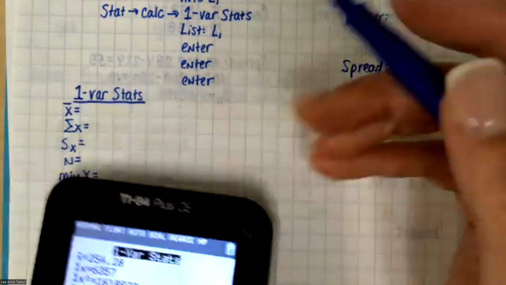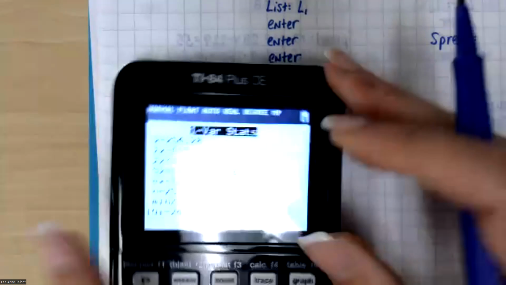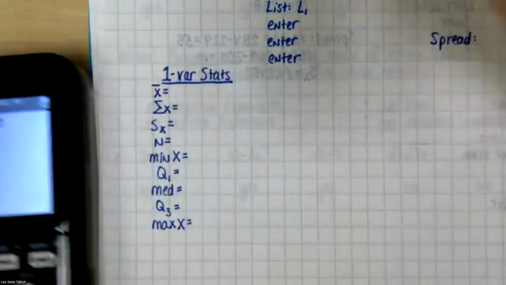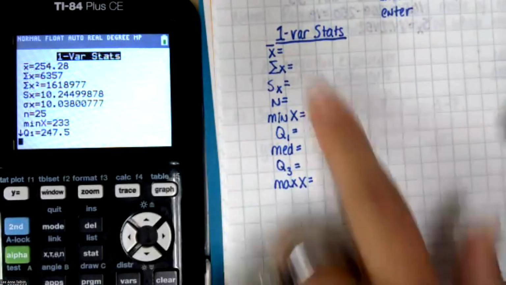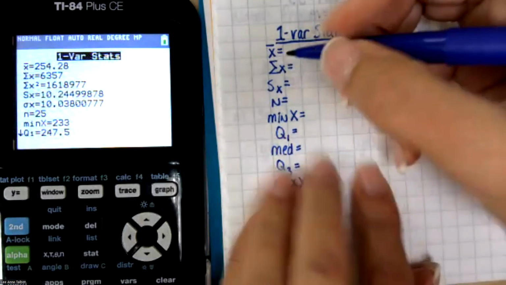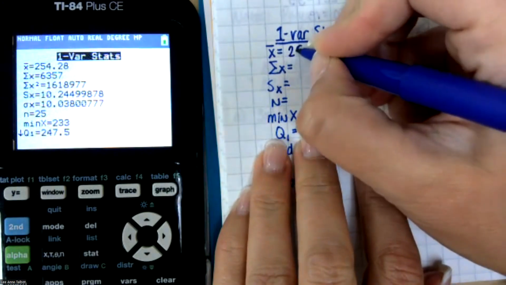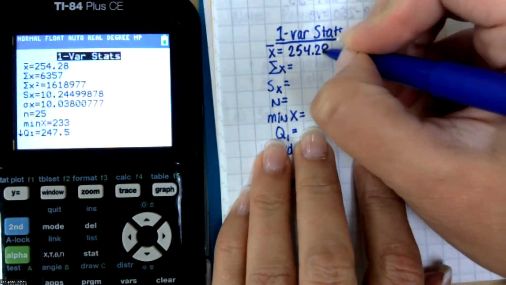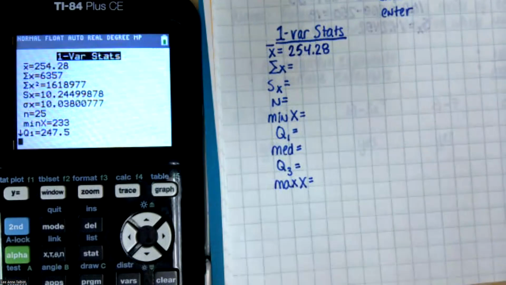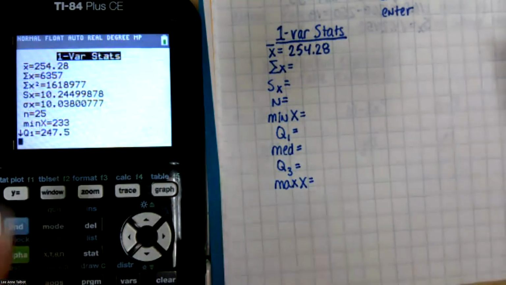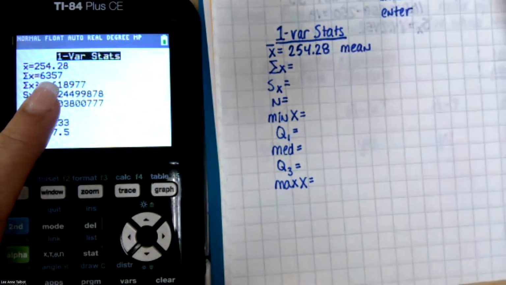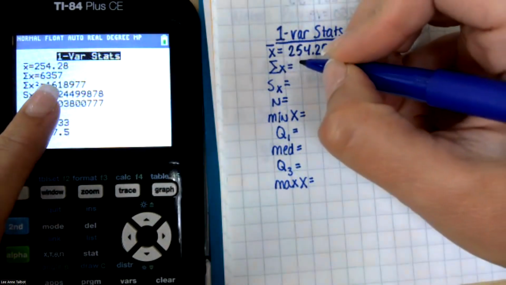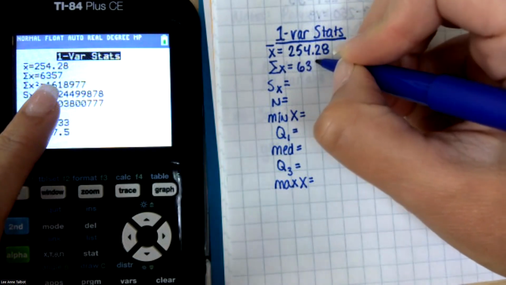Okay. So what you're going to do is take the data from the calculator here, and fill in the items that I wrote here. These are the ones that we'll use in our class. So 254.28. That's your class average, 254.28. It's pretty good. This is the mean. The next number is all of the numbers added together.